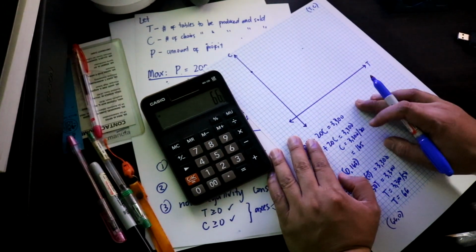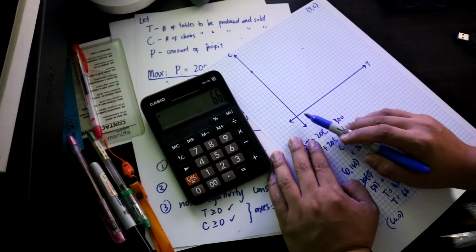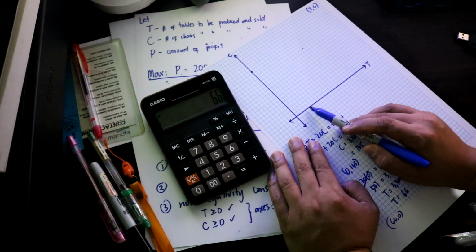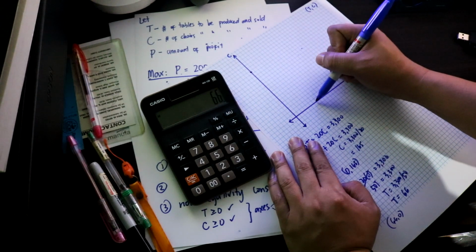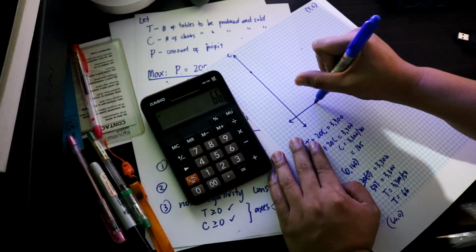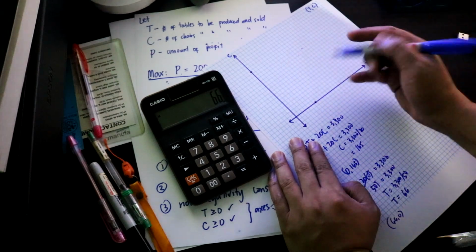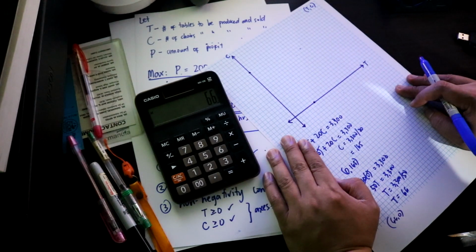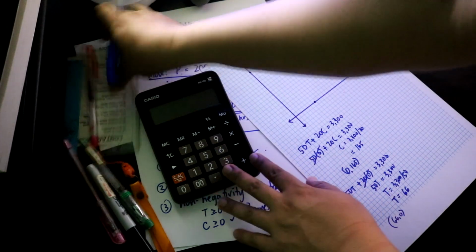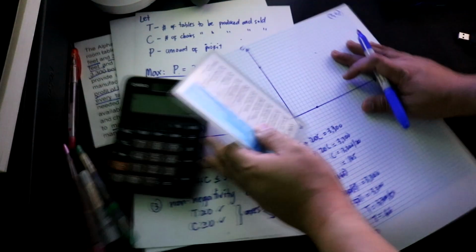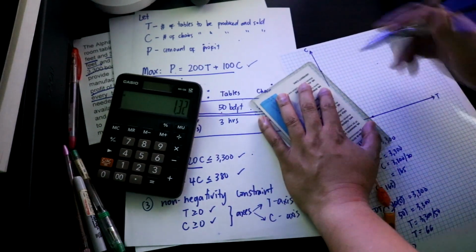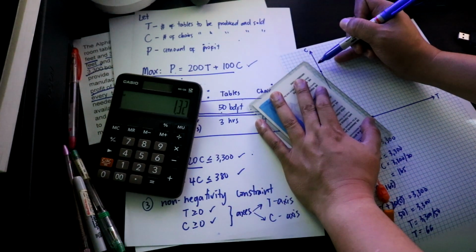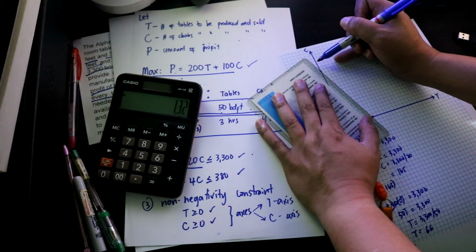For the other point, 1, 2, 3, 4, 5, 6. This is 60. This is 70. So, 66 must be somewhere here, nearer to 70 than 60. Now what we're going to do is connect the dots, and we now have our constraint line.